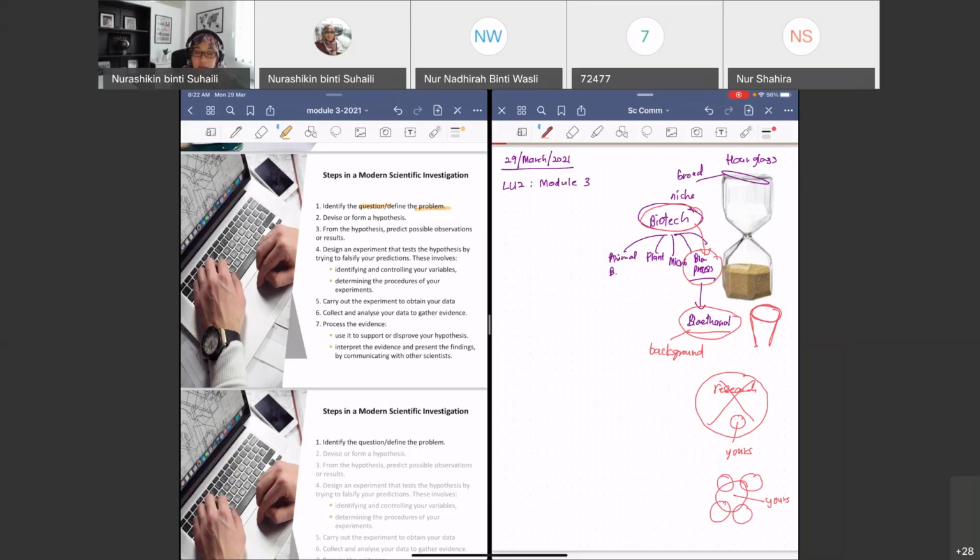So you must have your own novelty in your research. The part that does not overlap, for example the one here, is the gap between your research and other research.